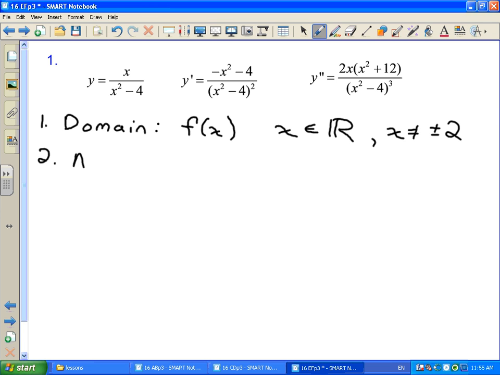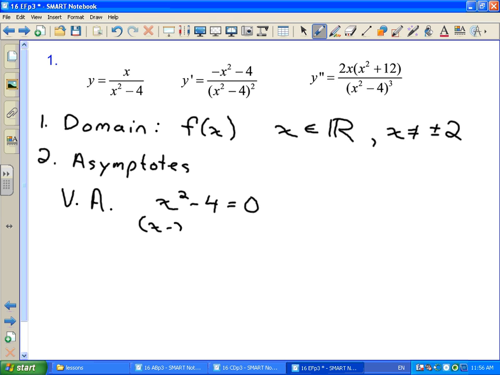Number 2 was the asymptotes. We'll do our vertical asymptotes first, which, if you remember, involved taking the denominator of our function and setting it equal to 0. So our denominator is x squared minus 4. We set that equal to 0 and solve for x.